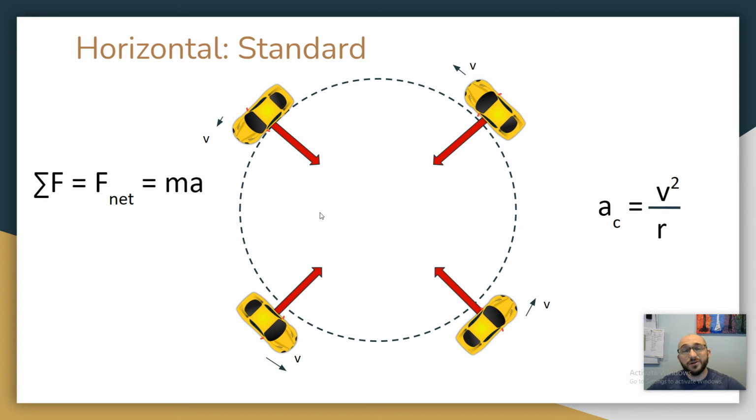This holds true for literally any situation where you have an object going in a circle and that circle is horizontal. Literally doesn't matter. Here you have a really, really brutal freeway on-ramp. We have a few of these. We also have some brutal off-ramps in the area that are pretty sharp turns.